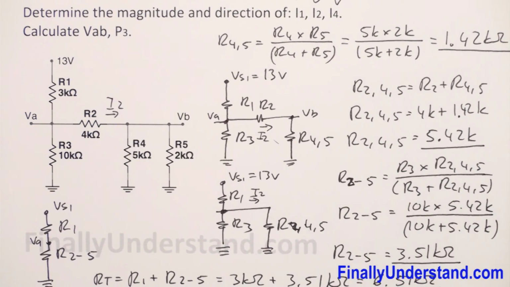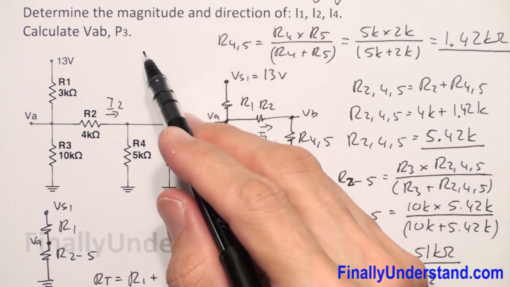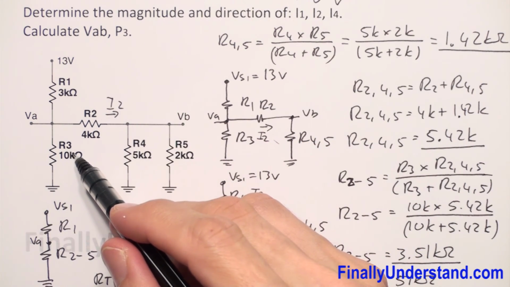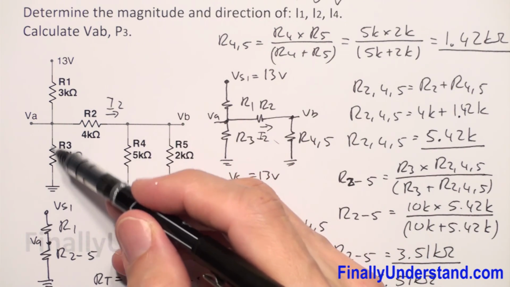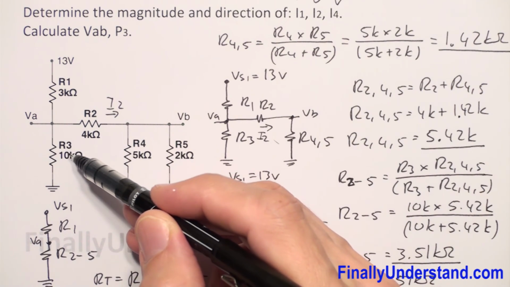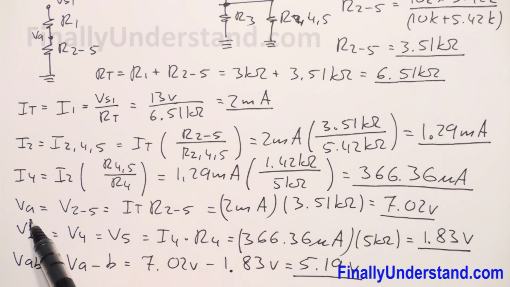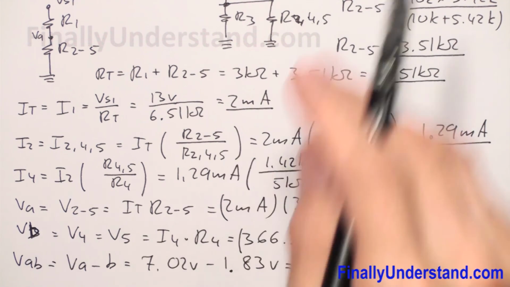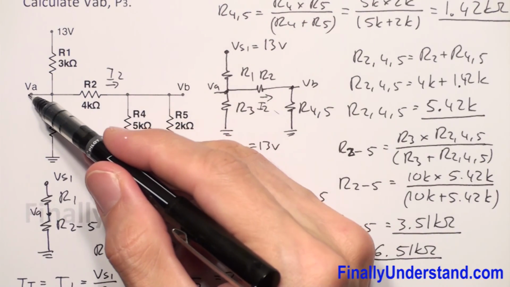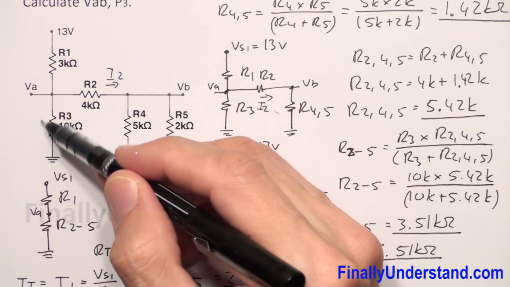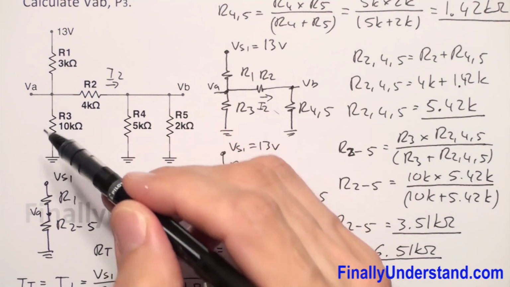In order to find the power at resistor R3, I'm going to use the voltage across this resistor and the resistance. Okay, as you remember, we found VA, and VA is the voltage across resistor R3. See, VA is the voltage from this point to the ground, so this is the voltage across this resistor.